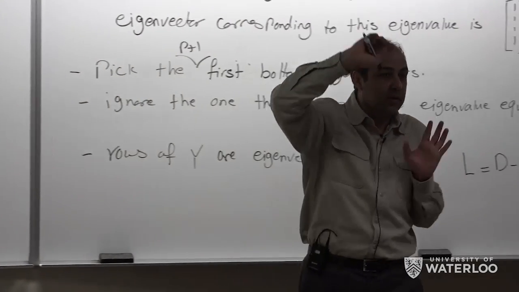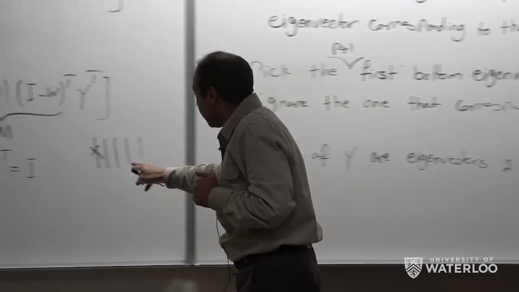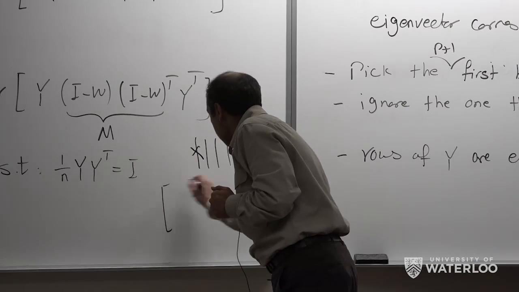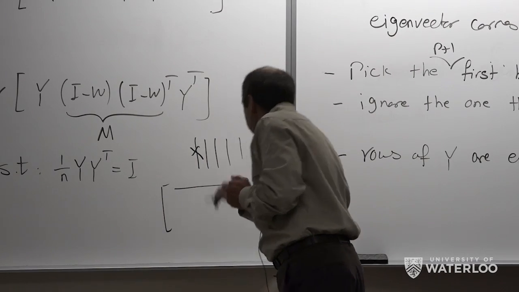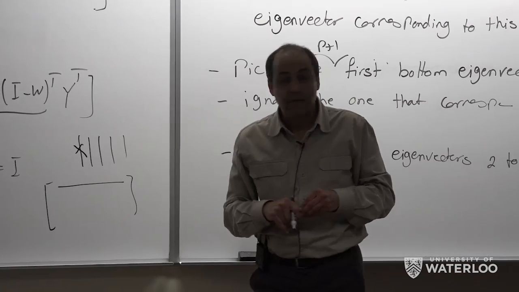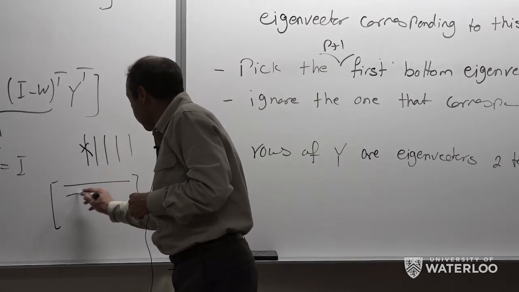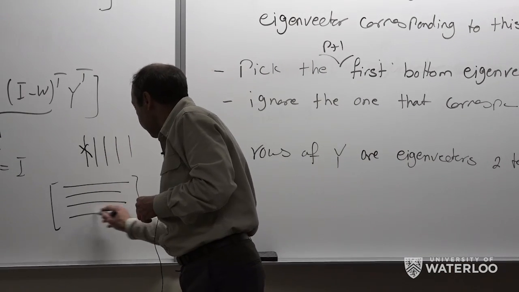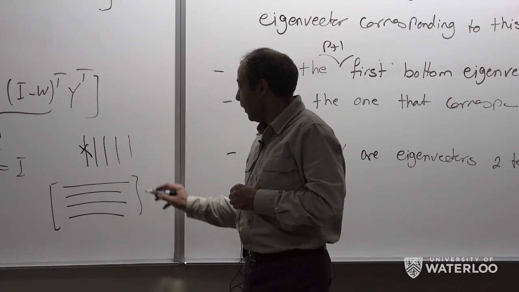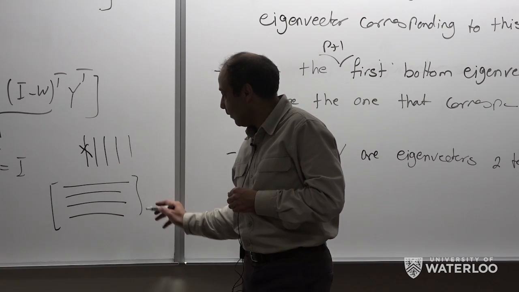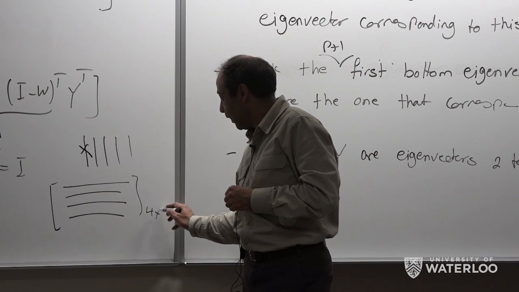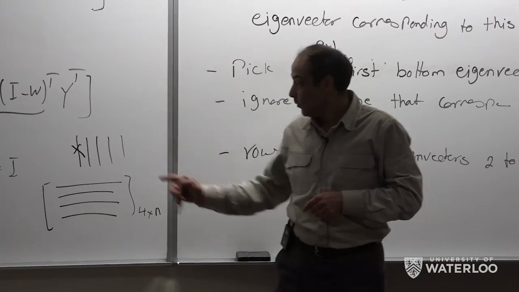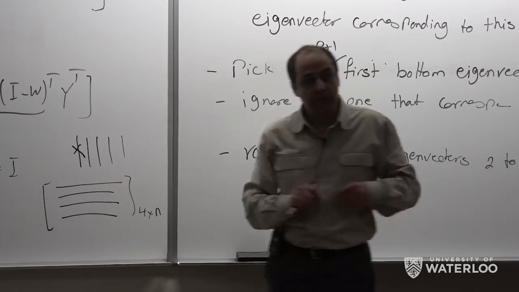It's 1, 1, 1, 1, 1. You take the second eigenvector, put it as a row of y. The third one, the fourth one, the fifth one, and then if you have chosen 5 of them, this is going to be a 4 by n matrix, because these are n-dimensional, and that's your y.